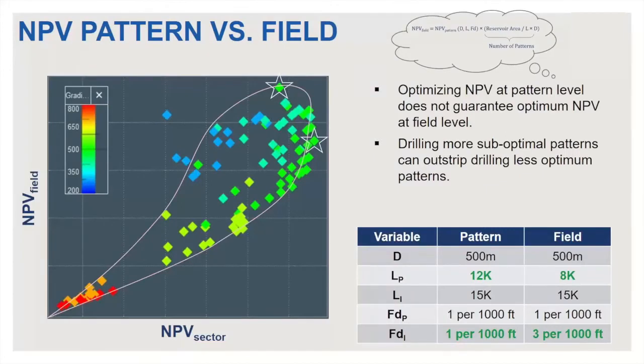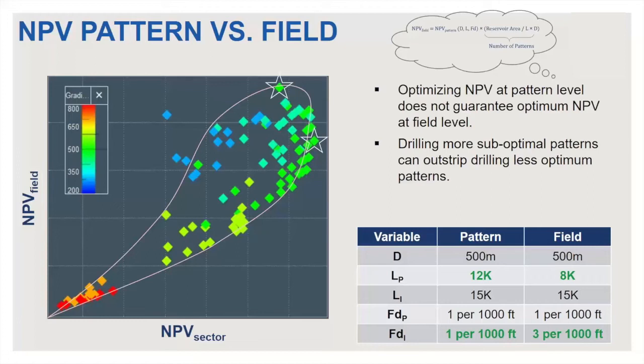And what I would like to discuss here is the difference between optimizing NPV at sector level versus optimizing at field level. An important message here is that optimizing at pattern level is not a guarantee that you optimize at field level. The reason is that sometimes drilling more suboptimal patterns can outstrip drilling fewer optimum patterns.